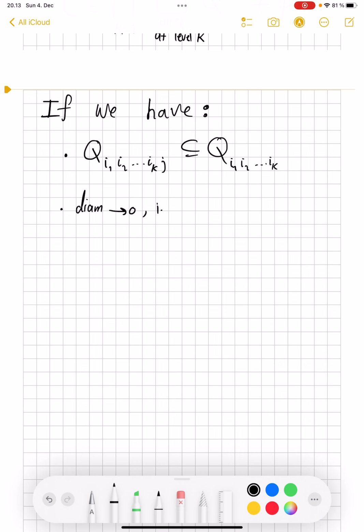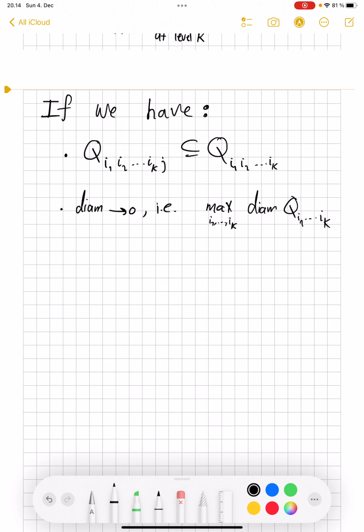So what we mean by this is: take the largest cube of level k. Take the maximum of the diameters of Q I1 ... Ik over all I1 ... Ik choices. So run all these indices simultaneously, I1 changes, I2 changes, and so on.